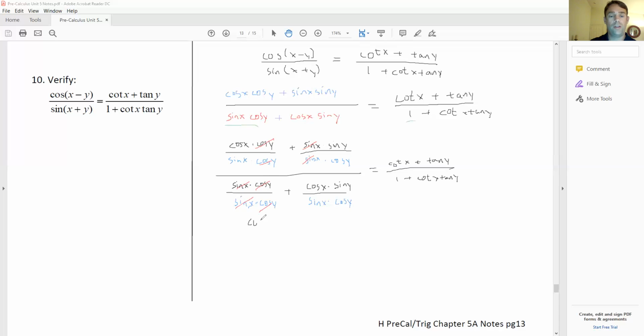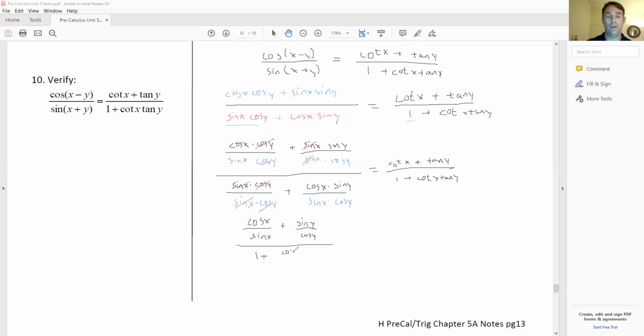So I have cosine x over sine x plus sine y over cosine y, all over 1 plus cosine x over sine x times sine y over cosine y.